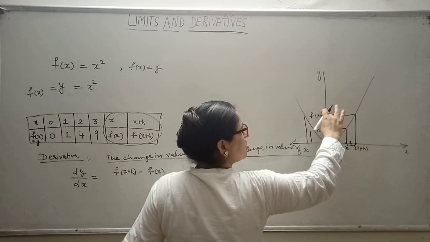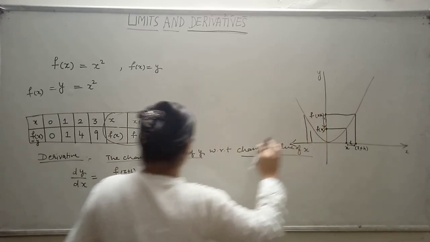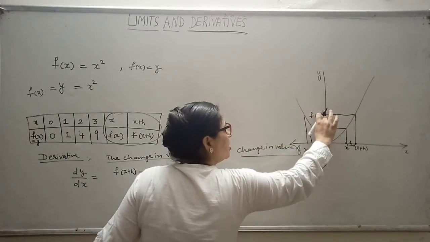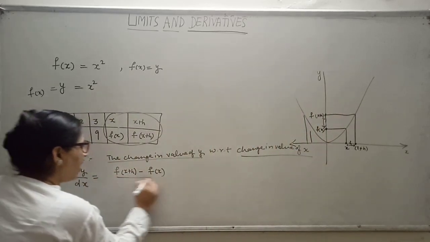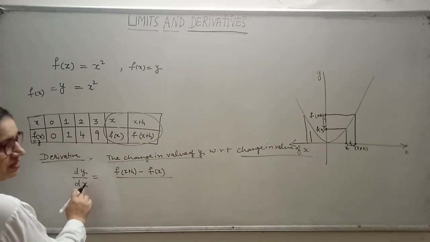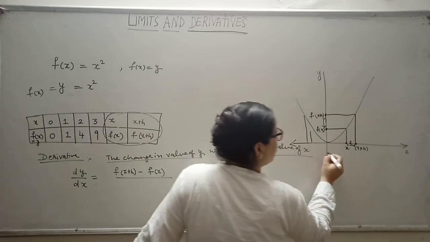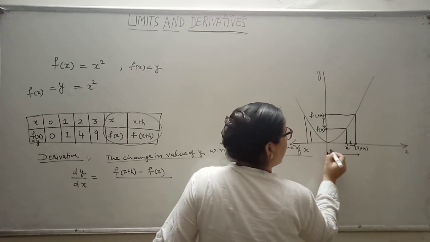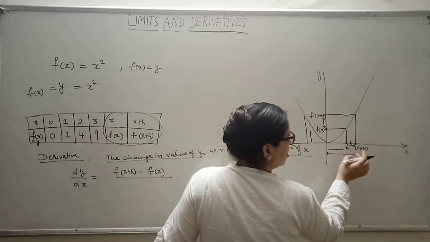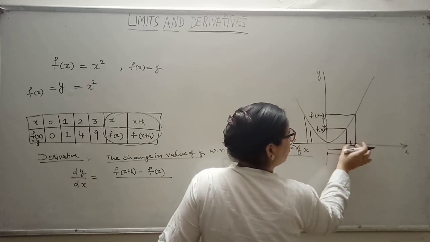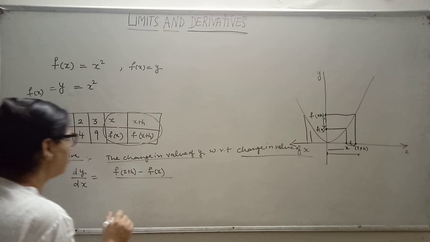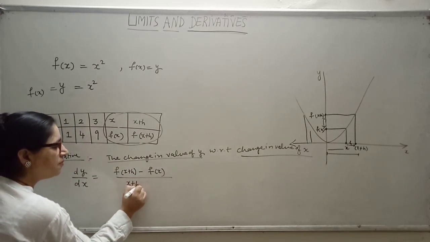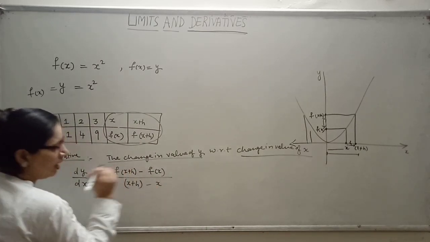That is f(x plus h) minus f(x). So you will get the value of this change divided by change in x. How much is the change in x? We can find out. This is x plus h and this is x. So if we subtract these two, we will get this change. So this is x plus h minus x.